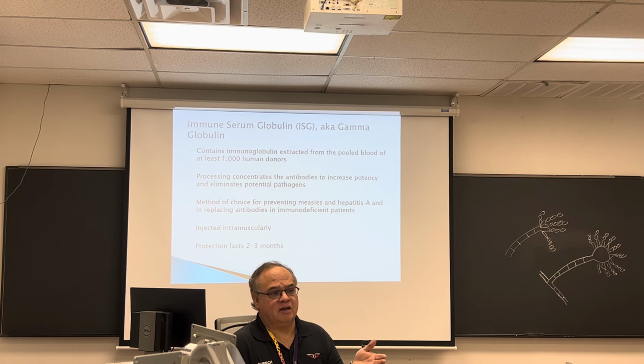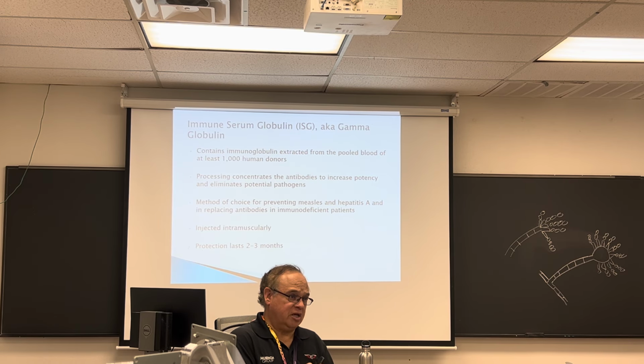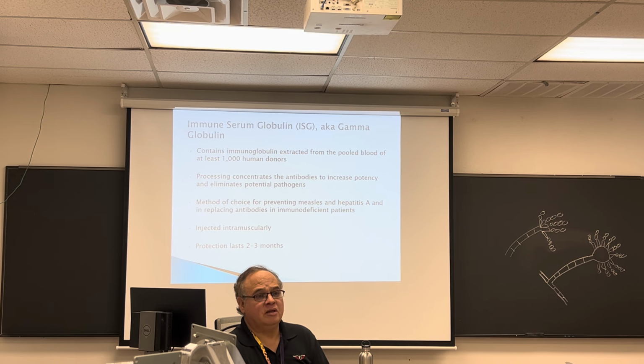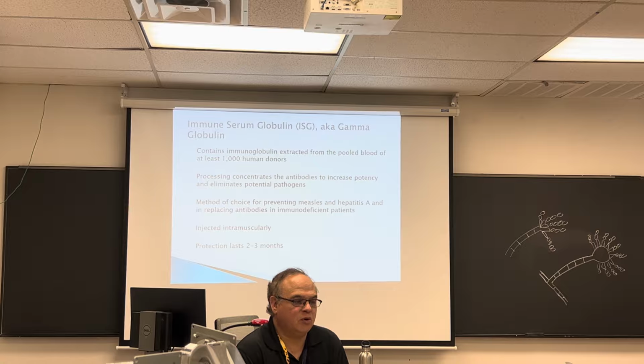The second thing that can happen is if you're going to travel to a place in the world where there's a lot of different infectious agents, you can take gamma globulin, but it has to be from that region, right? If you're going to go to, I don't know, India, and there's other infectious agents, what's the most common infection you've seen in India, do you think? Tuberculosis? TB. So if you're going to go there, you can take gamma globulin to protect you against tuberculosis.